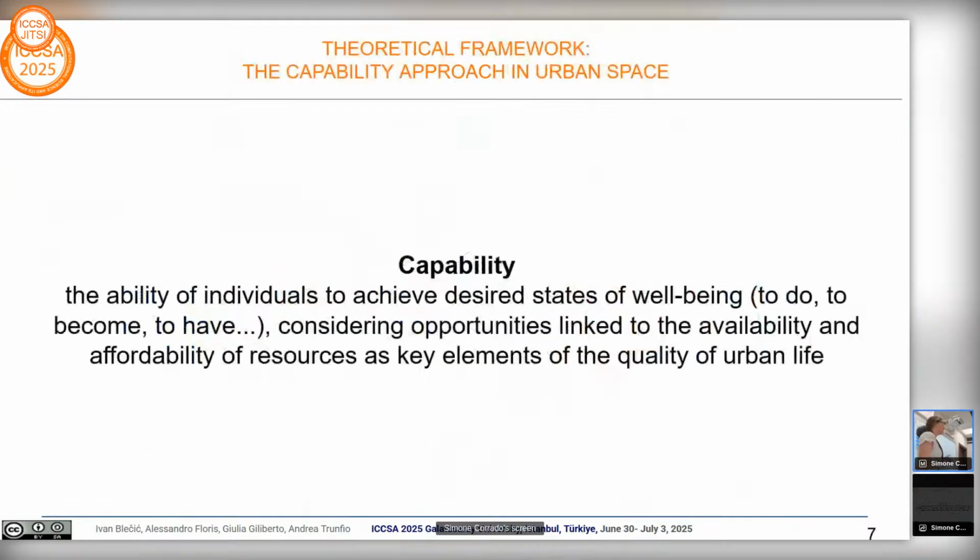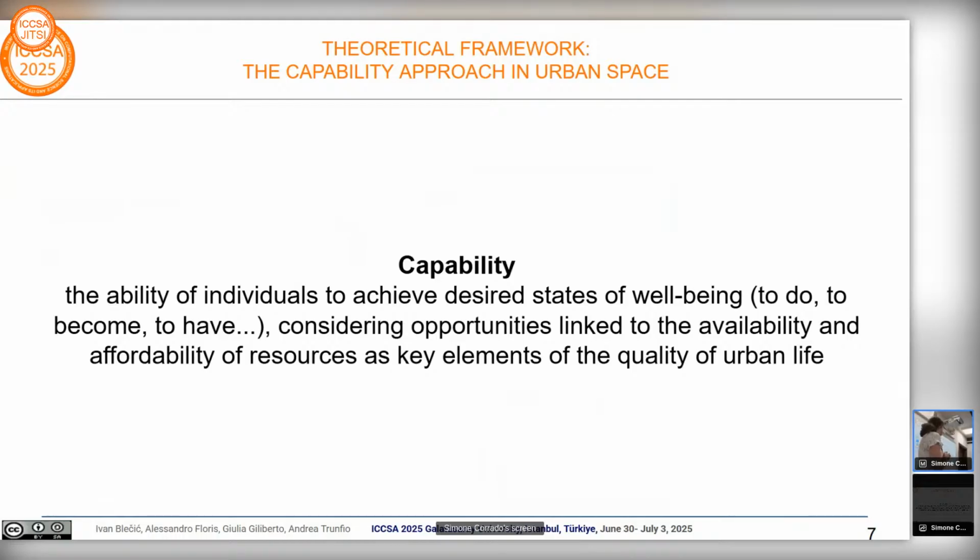When we talk about functionings, I have to clarify the terms, and we have to refer to our main theoretical framework, the capability approach, in which we can define capability as the ability of individuals to achieve desired states, functionings of well-being, to become something, and to have something.